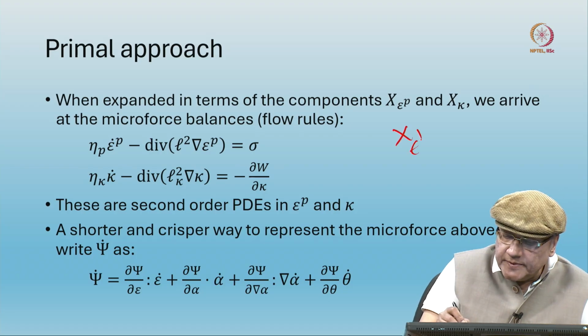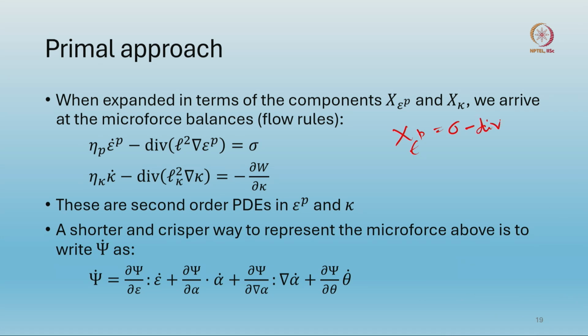Remember x epsilon p was found to be equal to sigma minus divergence of L square grad epsilon p. You remember this, right? We found it. If you have forgotten it, please go back to the last lecture and refresh your memory. And similarly we found an expression for x kappa. So these two different representations of x have to be identical, correct.